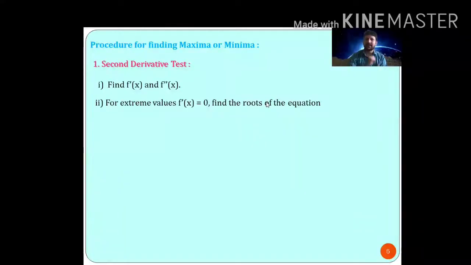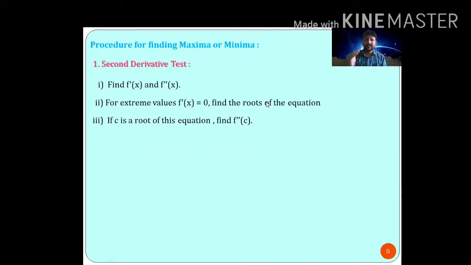After equating f dash of x, you will get values of variable x. Maybe one value, two values, or three values are obtained, depending on function f(x). Okay, let us consider we obtain the value x is equal to c. C is a root of that equation.